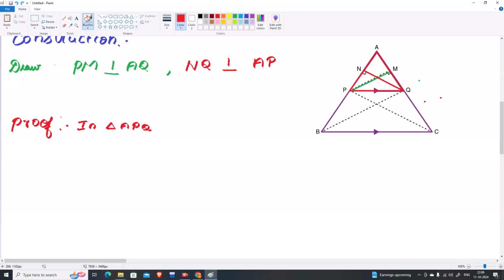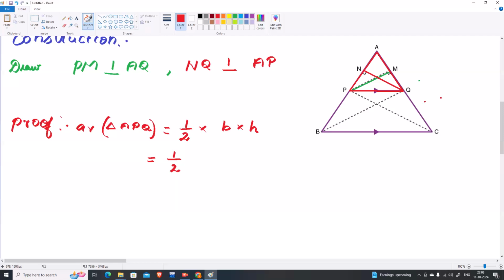What is the area of triangle APQ? We can write the area of a triangle as half into base into height.